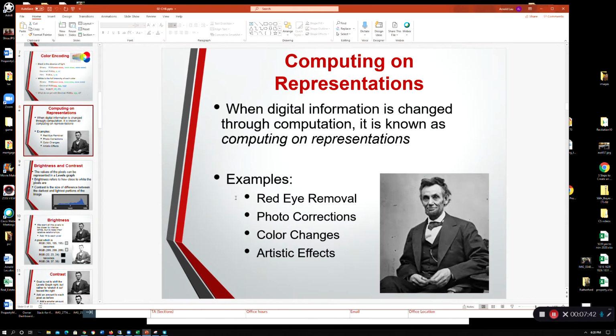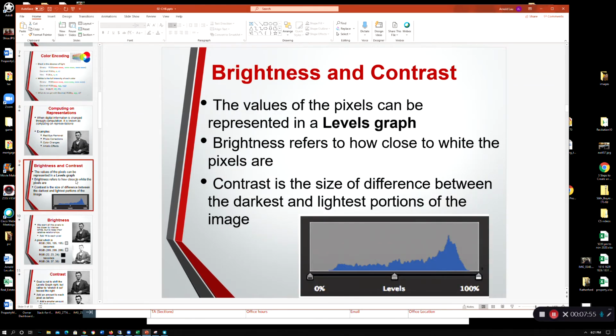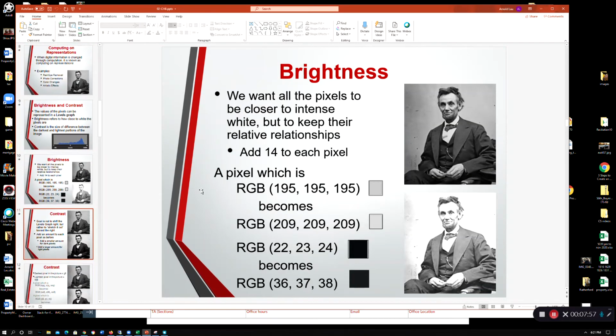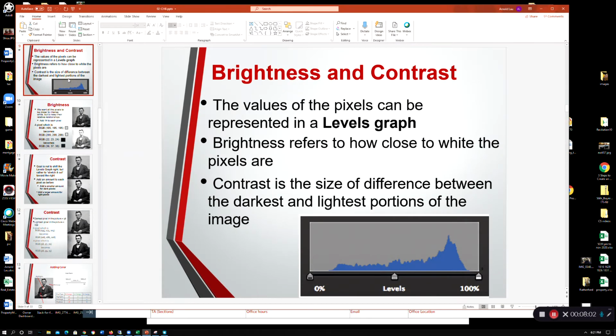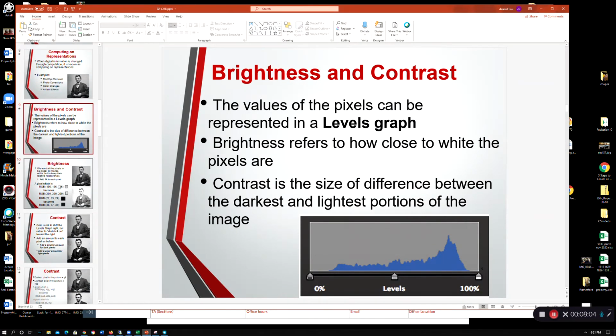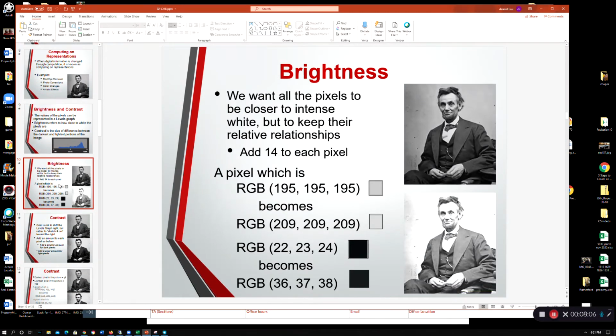And basically, now that you have the information digitally stored, then you can do all kinds of algorithms to do math to affect how this picture is going to be represented. Maybe you want it brighter, right? Again, when you're doing brighter, you're essentially doing a shift. Brightness, you're basically shifting everything, right?